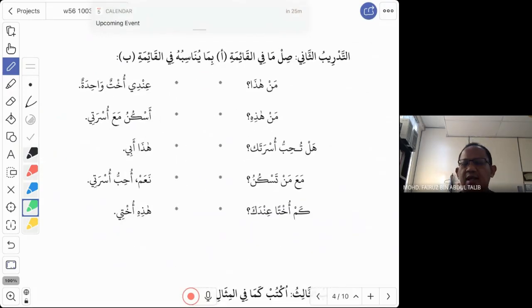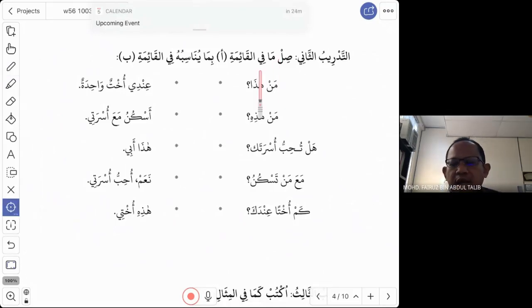Now, we look at at-tadribu thani. This is easy. Sil ma fil qa'imah. Sil, join or connect. Ma fil qa'imati alif. What? Ma is what? Fi in al-qa'imah, list. So in this list, alif.